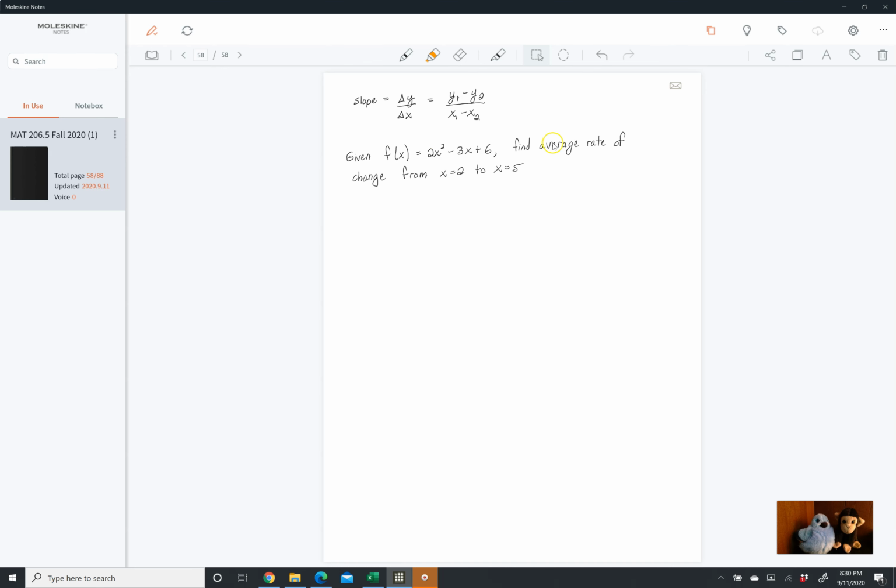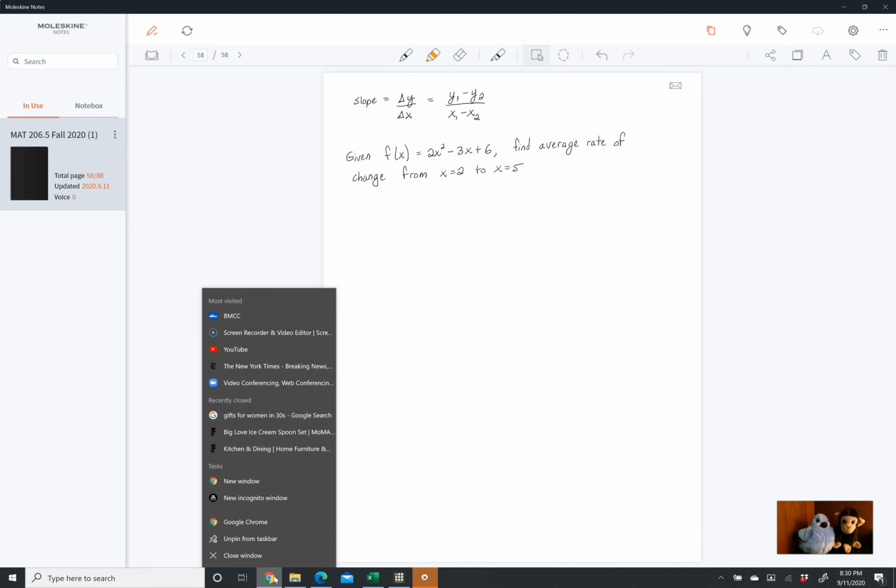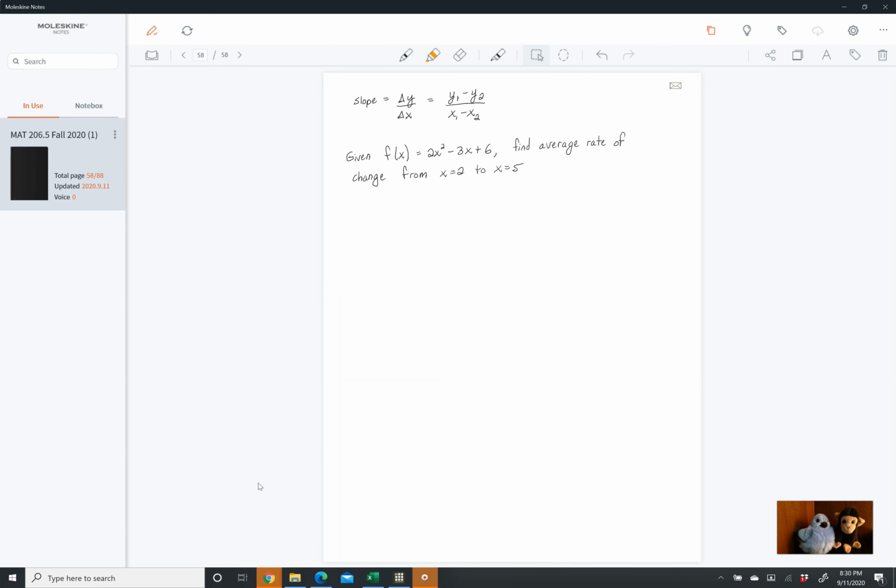Okay, now what this means is we're drawing a curve, and on this curve we're going to take whatever the point is at x equals 2, and we're going to take whatever the point is at x equals 5, and we're going to draw a line. So let's just take, I'm actually going to open up if it opens. Let's see if my computer is fast enough.